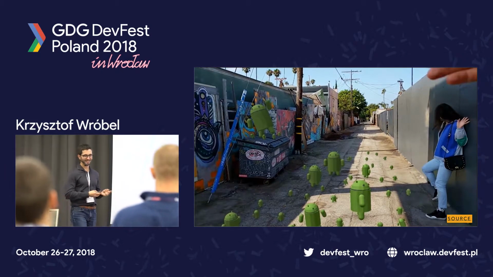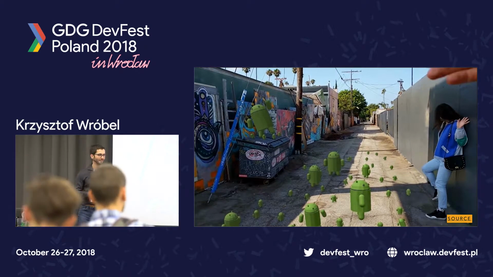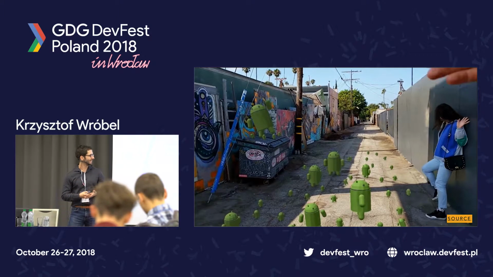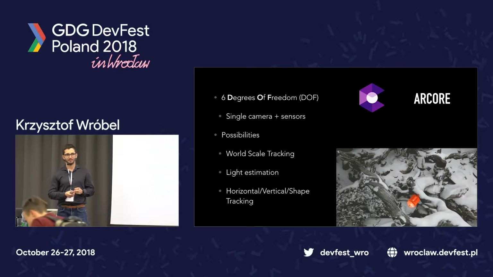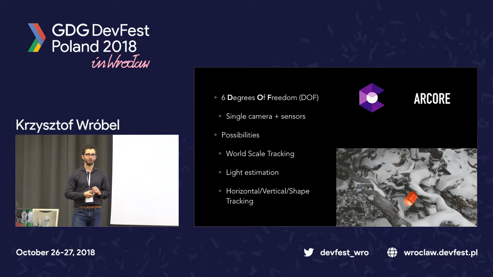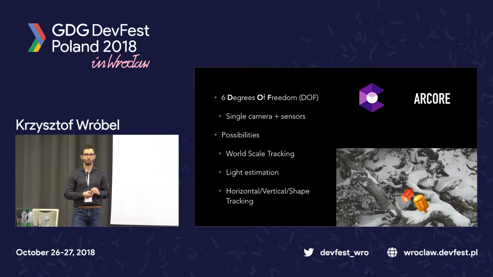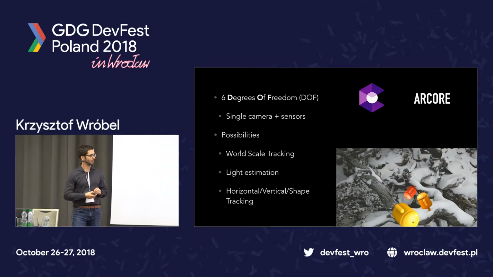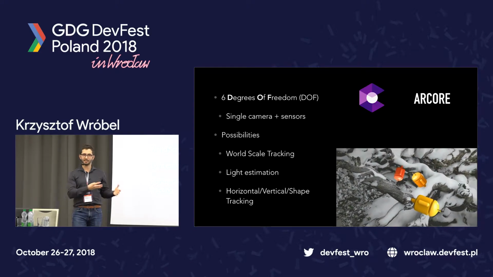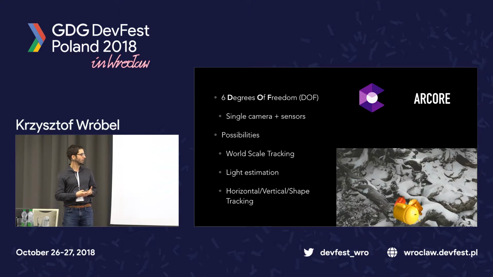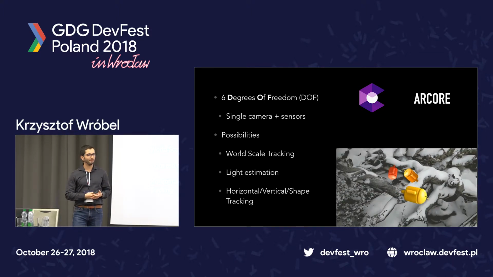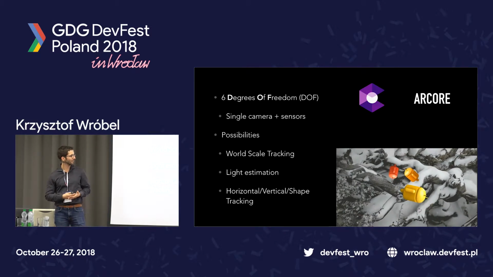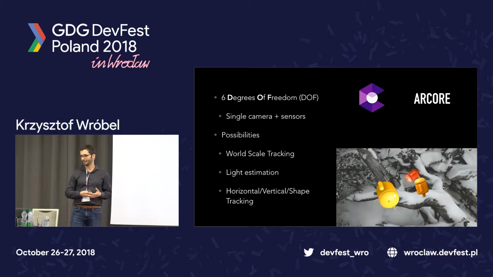So this is a promo video from Google, showing how they market the ARCore technology. What's important here is that this is AR with six degrees of freedom. So you can move and the AR content will stay in place, like in the physical world. For instance, you can snap an Android robot to branches and it will stay in place.